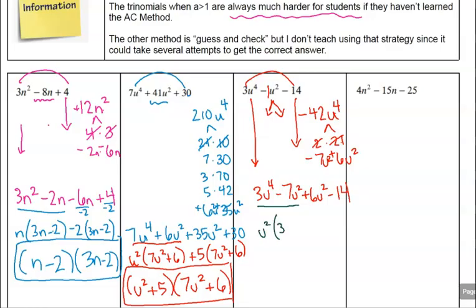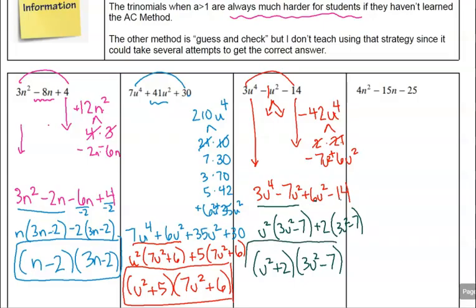So 3u squared minus 7. These two terms are even, so we divide by positive 2. 3u squared minus 7, and we match. So u squared plus 2 and 3u squared minus 7. Okay, so there we go.